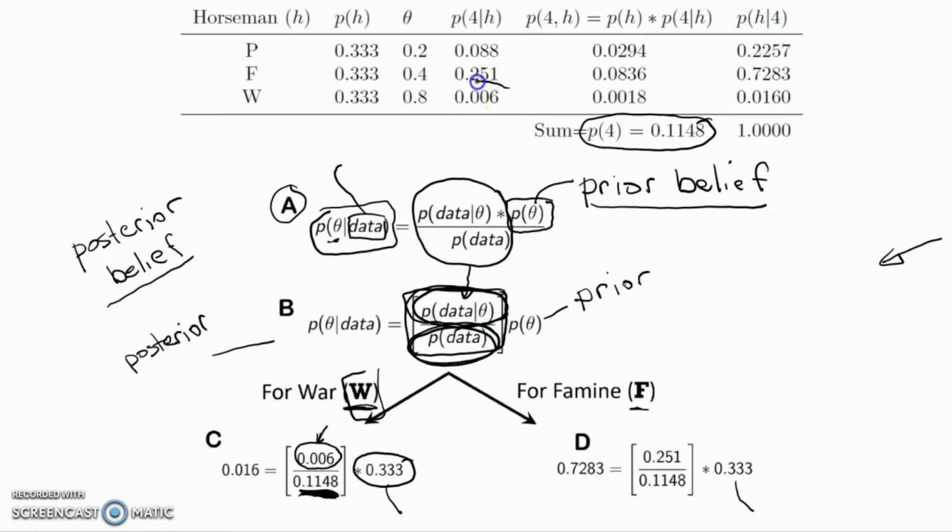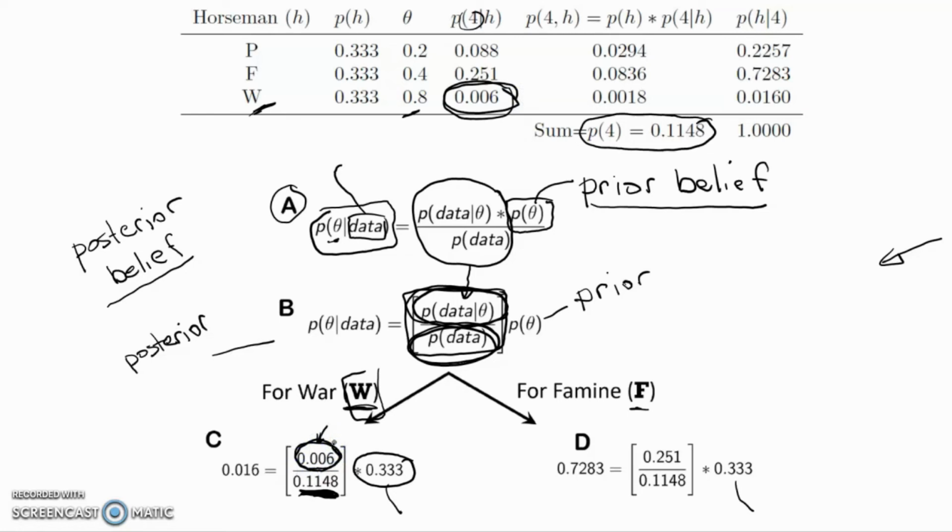And we see that up here. The probability of getting 4 dead, if the person responsible was war, with a theta value of 0.8, well, that probability is 0.006. So that's where this 0.006 comes in, 0.6%.